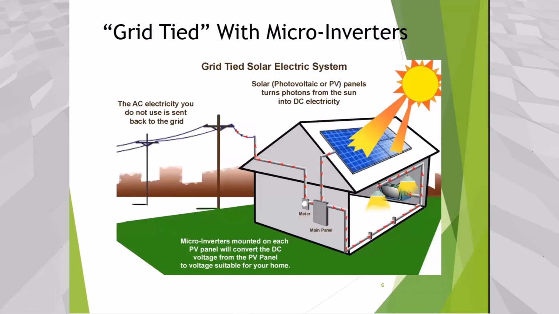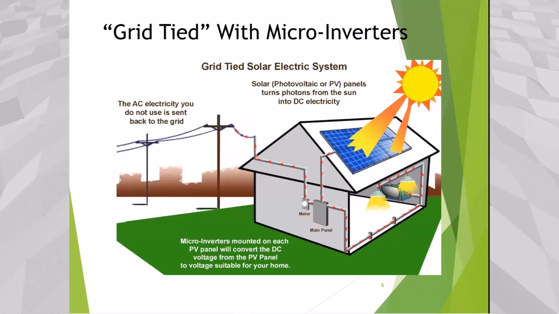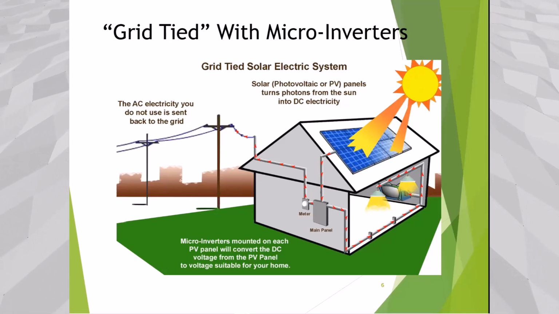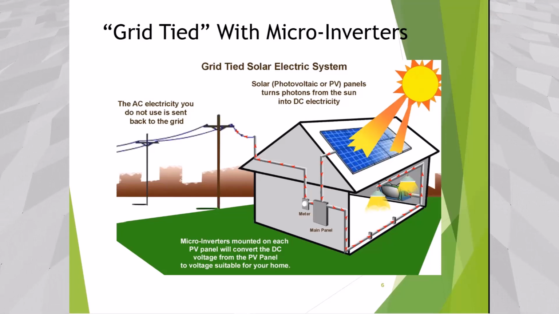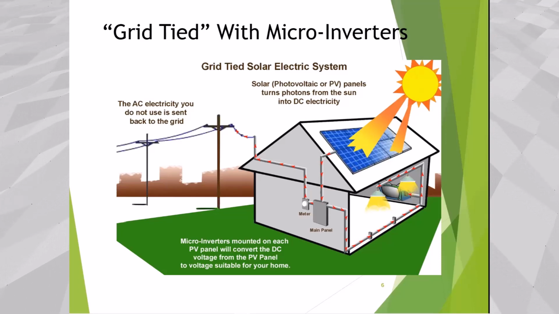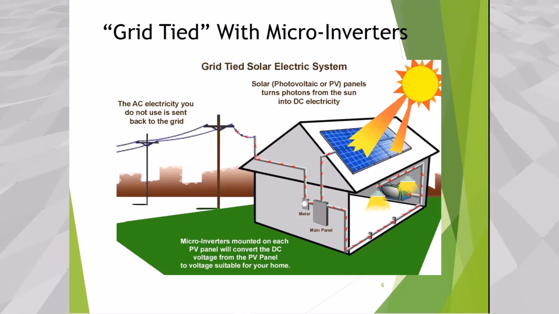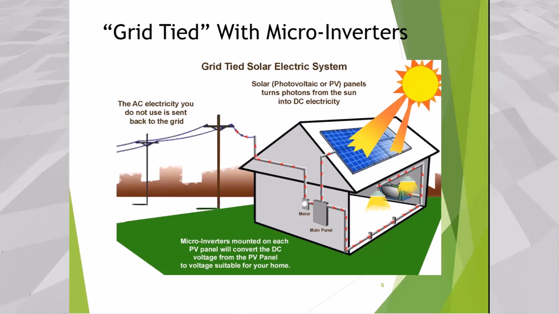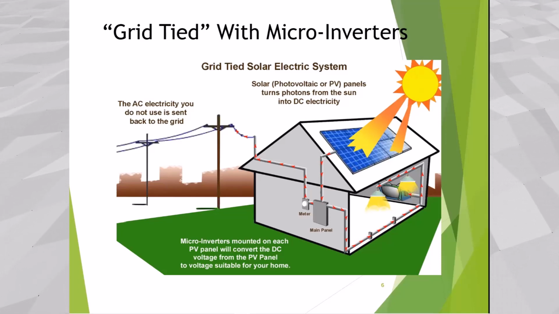A second method of converting DC to AC is the microinverter. In this configuration, multiple small inverters are located on or adjacent to each solar panel in your system, thus converting the DC to AC and the voltage necessary for your home at the source instead of requiring high voltage DC lines running to your utility panels.